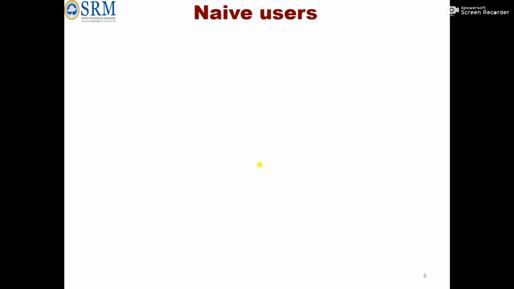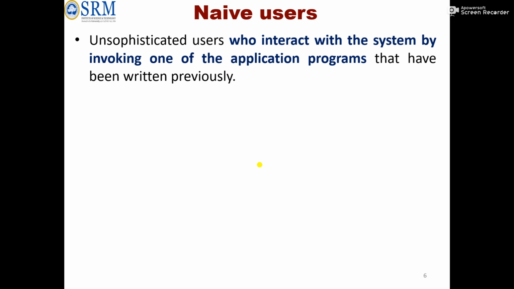What are the users there? As we know from the names, the naive users, the application programmers, the sophisticated users, all the names we knew. But what are their responsibilities? Why are they called sophisticated users? Why are they called naive users? That we are going to discuss in detail later in this presentation. Naive users are unsophisticated users.